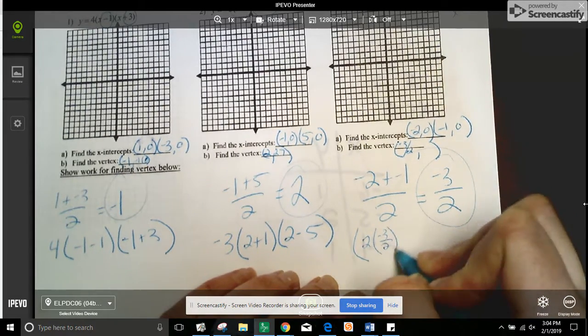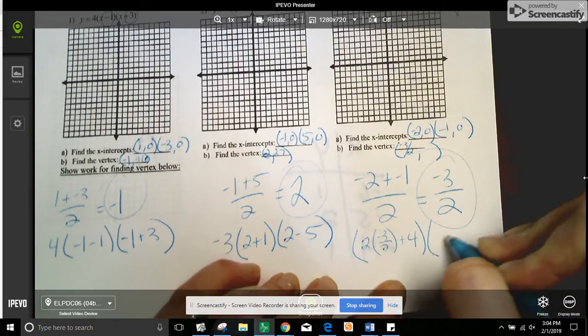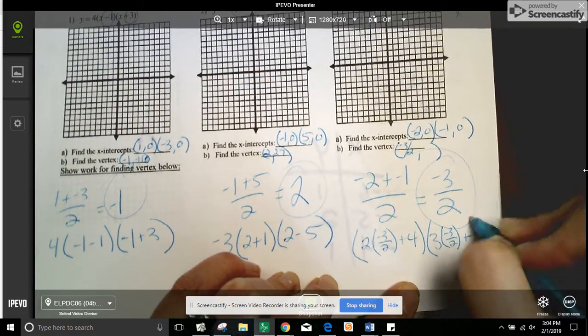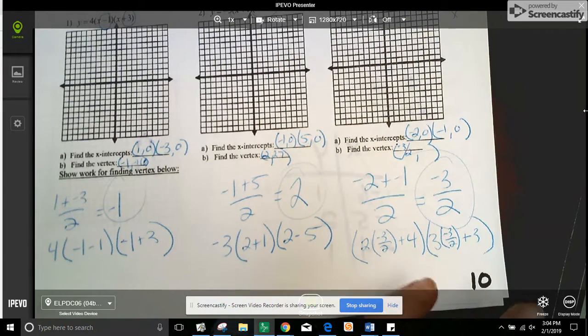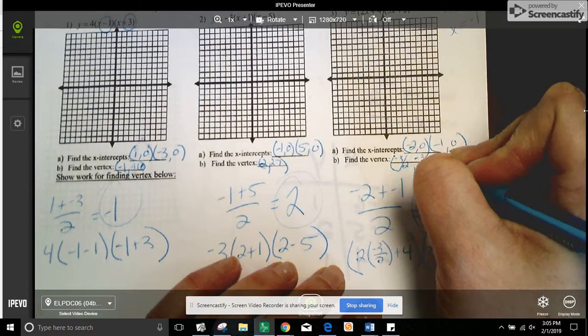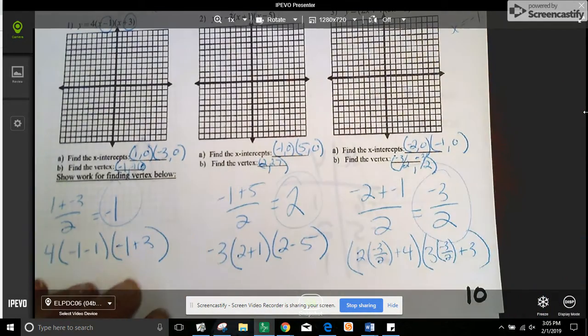Just watch, it's a fraction. I won't give you a fraction on the test, just came out that way. So I take that and I plug it in. I think I'm going to get a decimal. Yeah, I get negative 3/2 again if I plug it in.